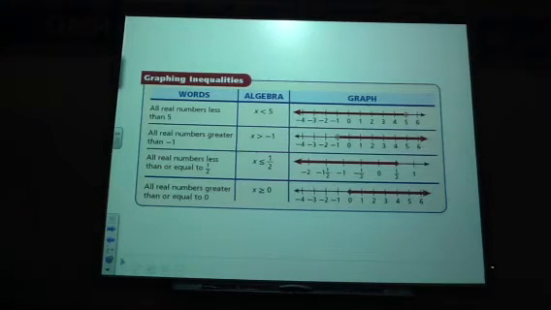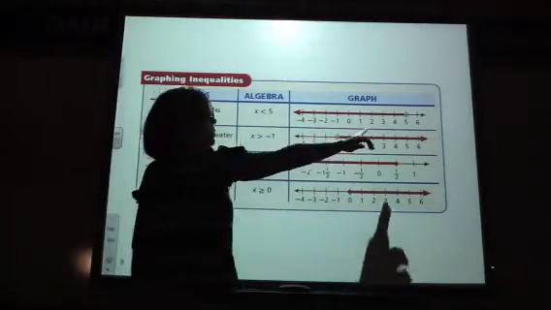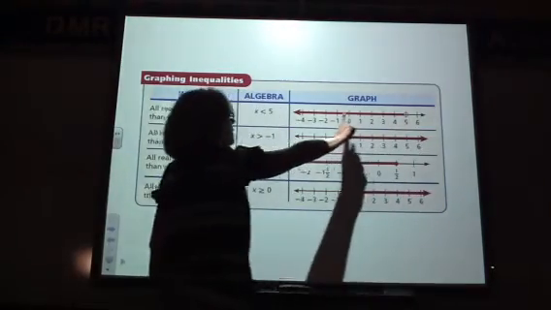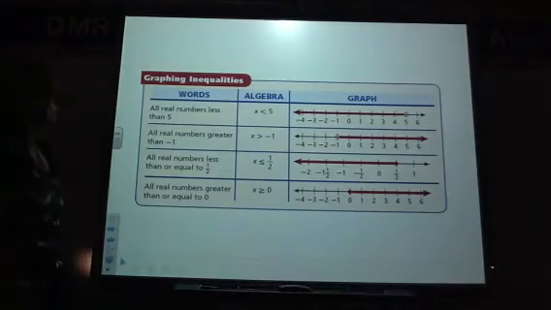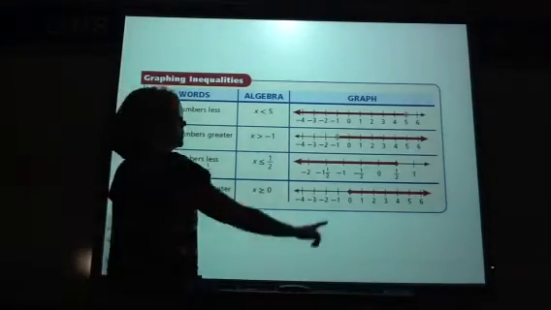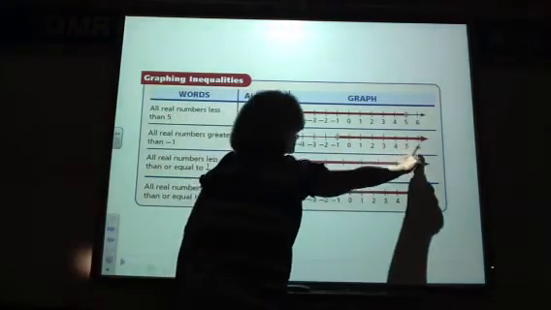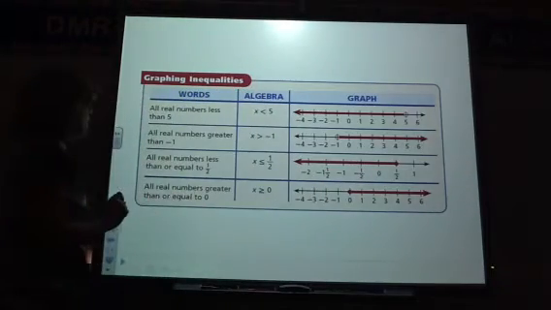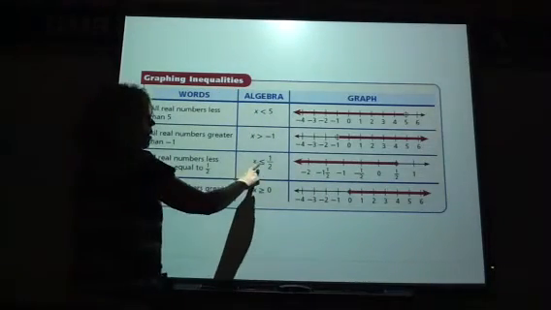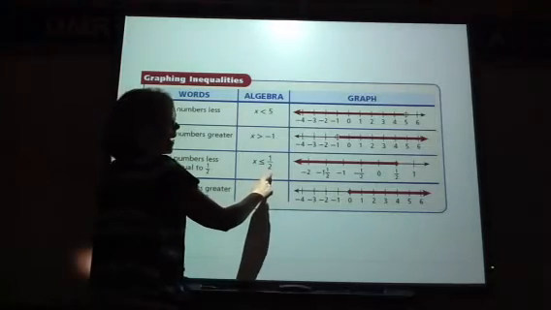All right, graphing inequalities. All real numbers less than 5: open circle. All real numbers greater than negative 1: open circle. All real numbers less than or equal to 1/2.